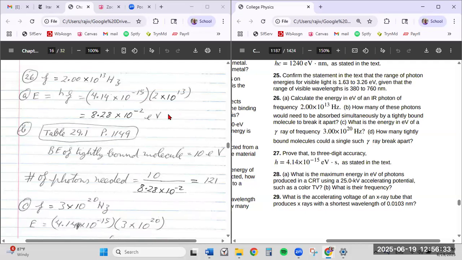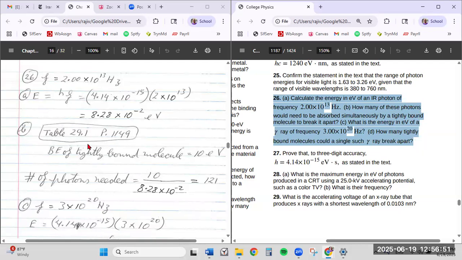And then that's the frequency, which gives us the energy as 8.28 times 10 to the negative 2 electron volts. So this is the problem we're talking about.